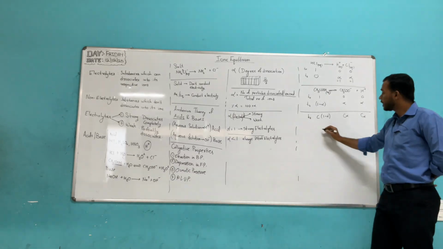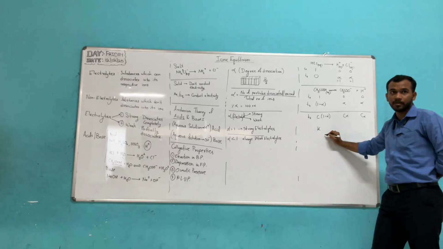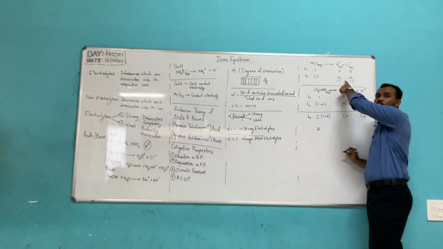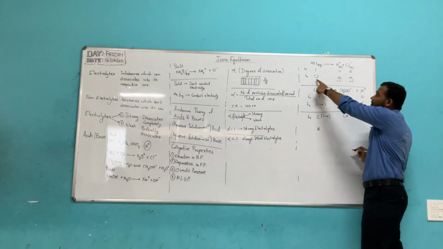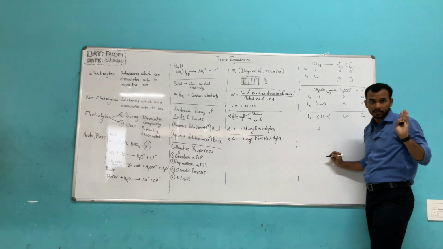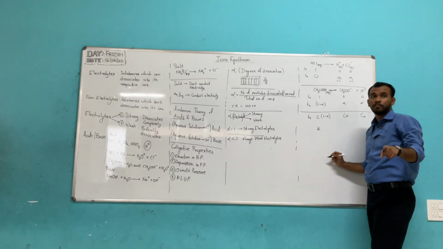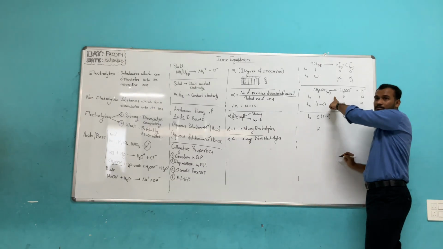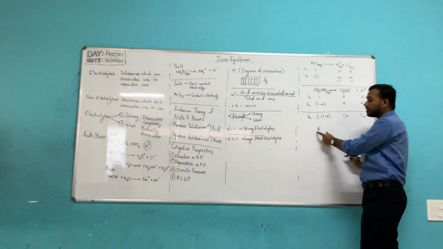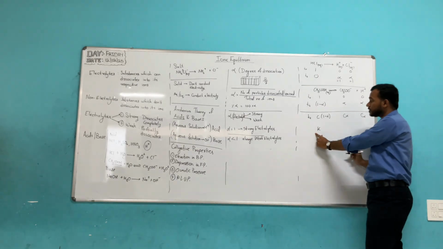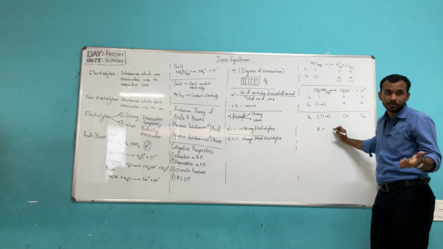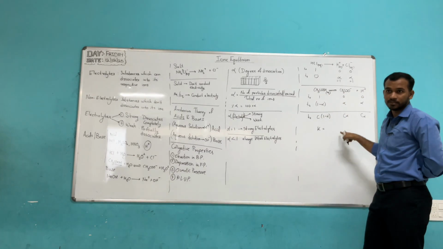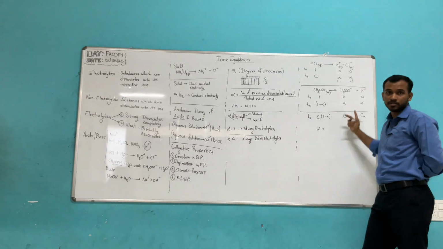If you want to find the equilibrium constant of a reaction: since HCl is a strong electrolyte, it dissociates completely, so it does not undergo any equilibrium. Equilibrium is applied for reversible reactions. For this reversible dissociation reaction we write K, the equilibrium constant. According to the law of mass action, it is the product concentrations upon reactant concentrations raised to the powers of their stoichiometric coefficients.